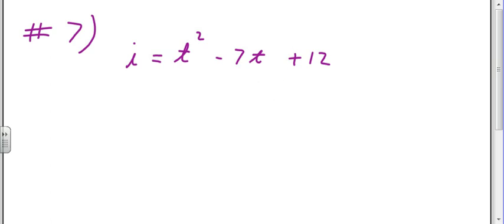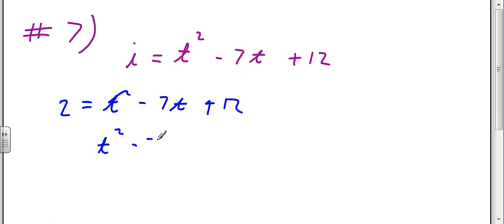Okay, so my first problem is 2 is equal to t squared minus 7t plus 12. And so I would have t squared minus 7t plus 10 equals 0. And I could factor that.